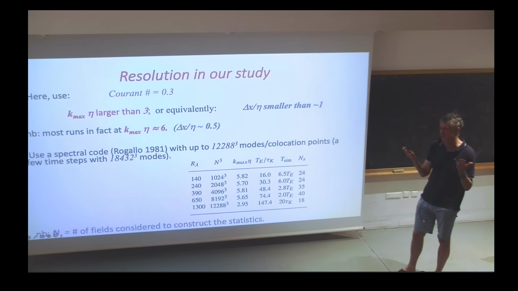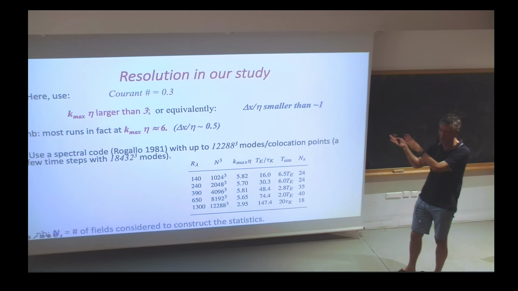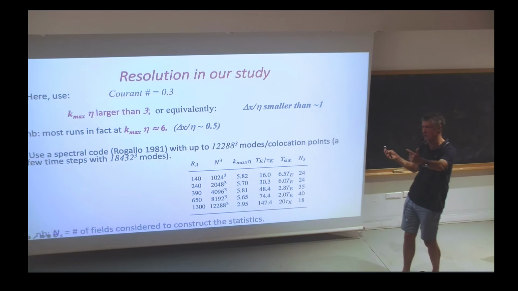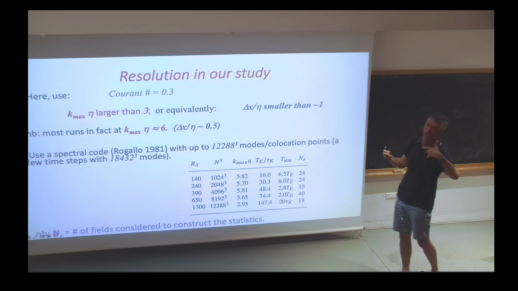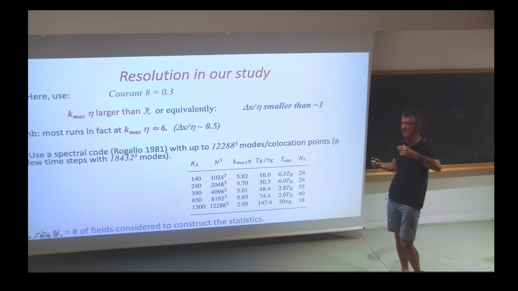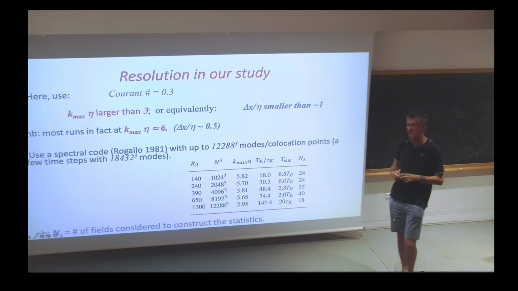So we reach a steady state and look in the steady state. We start constructing statistics once we've reached it. We're not doing an initial value problem; we put ourselves in a statistically steady state.